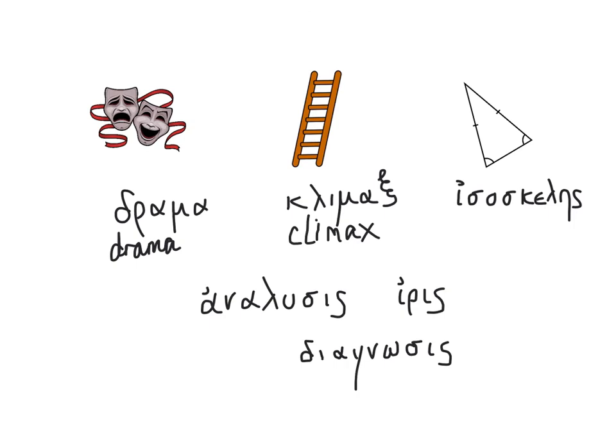So you can see its similarity to the word climax today, which really means perhaps the peak of something. As for the next one, it is isosceles, a word which literally means equal-legged in Greek. And there you see both the E's in play, the short epsilon and the long eta, which we pronounce air.